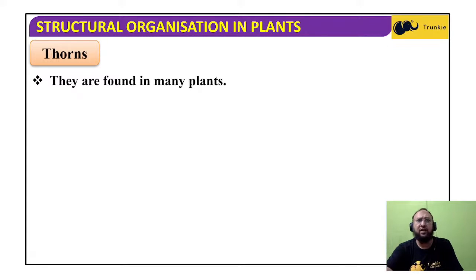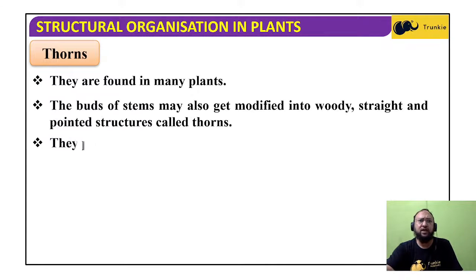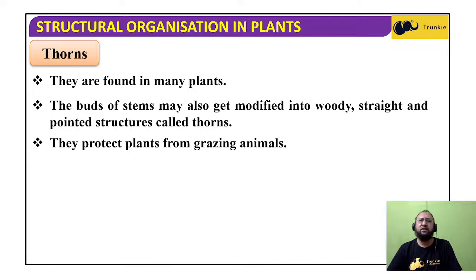Now thorns are found in many plants. Thorns are very common, like even the rose has thorns, isn't it? The buds of the stem may also get modified into woody, straight and pointed structures called thorns. They protect plants from grazing animals, because when animals graze, this pointed structure will harm them and prevent grazing.